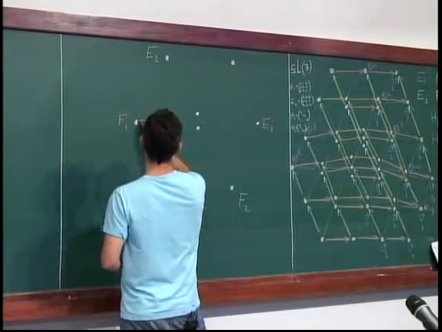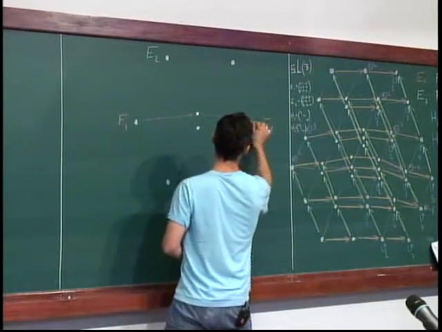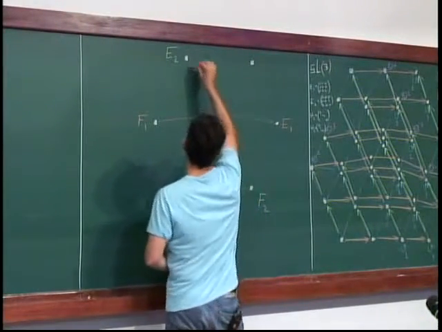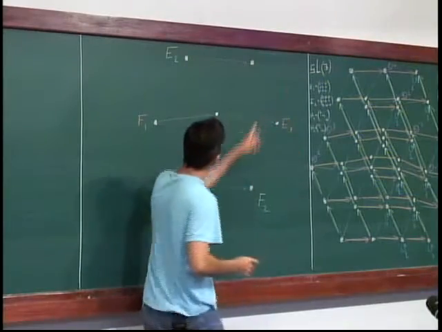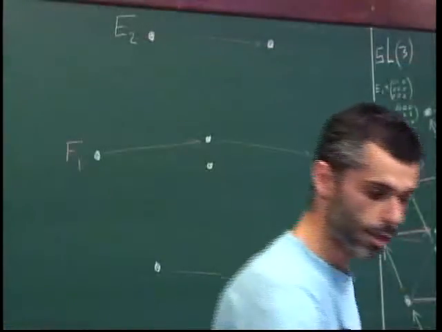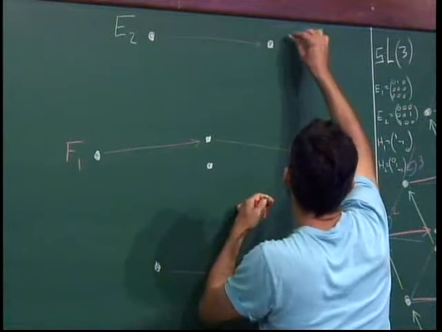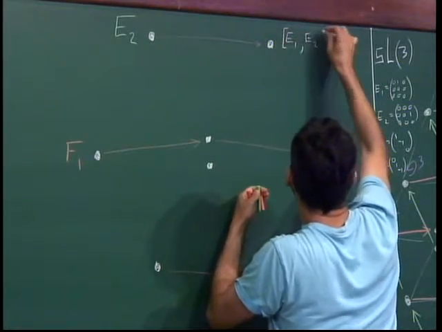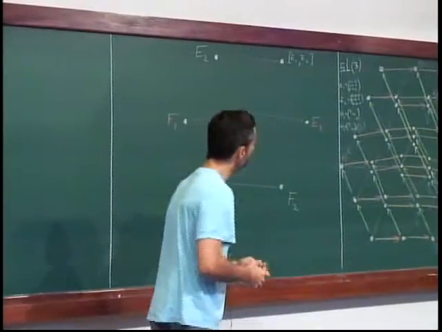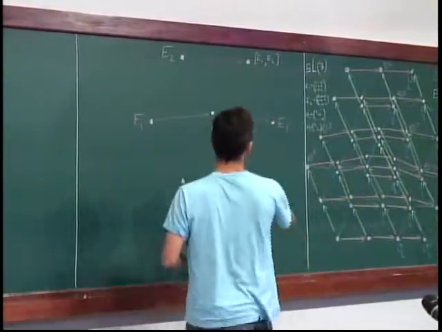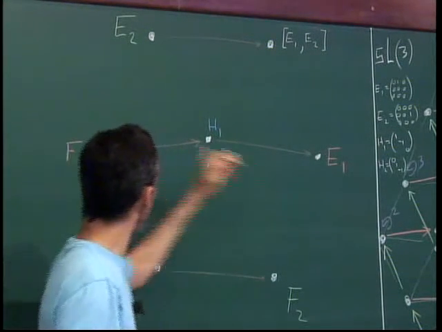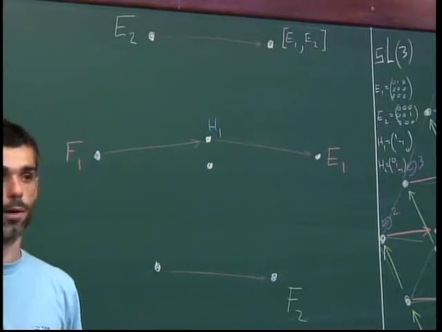So the action of E1 is pushing to the right. So if I want to also have a name for this guy here, well, that's E1 acting on E2. So I didn't put it as a generator because it can actually be obtained as E1, E2. And the guy that's here in the middle is H1. By the way, the collection H1, E1, F1 forms a subalgebra isomorphic to SL2.